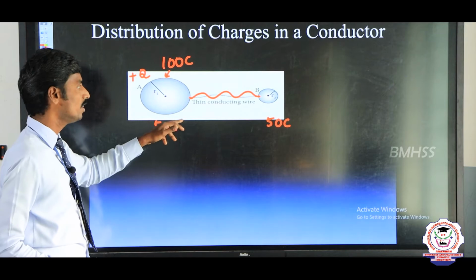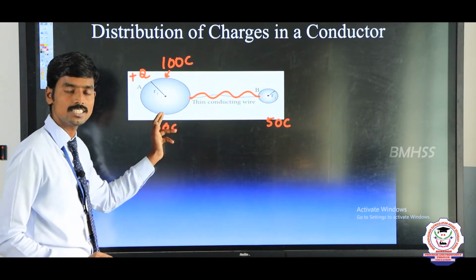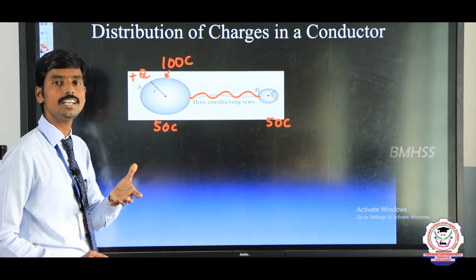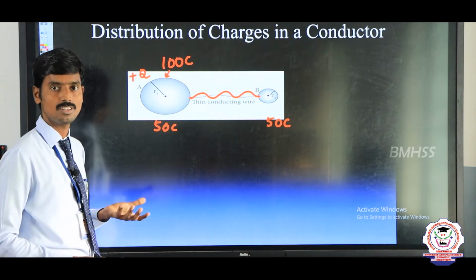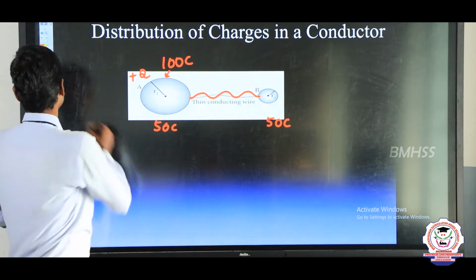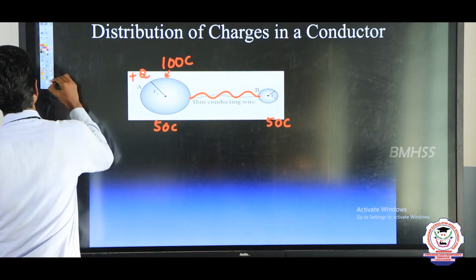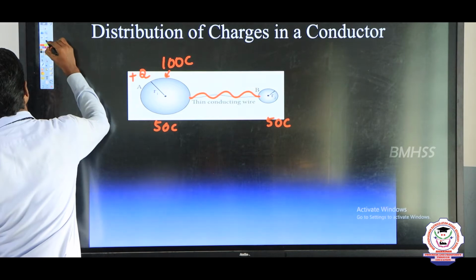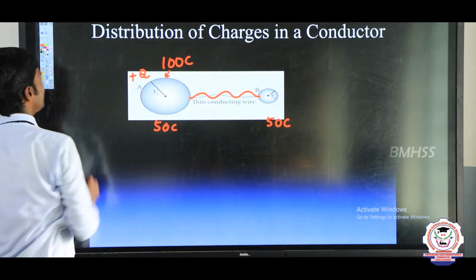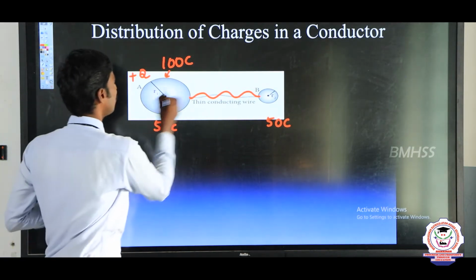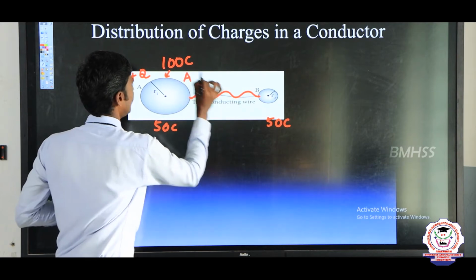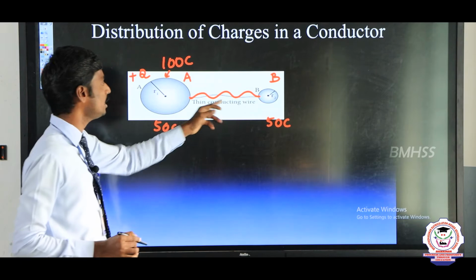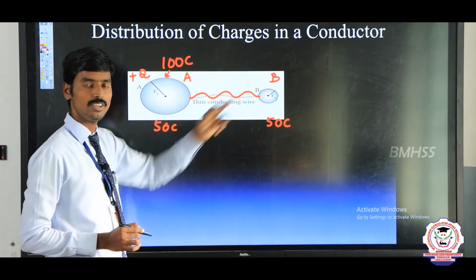So now these two conducting spheres are equipotential surfaces, that is, the electrostatic potential is the same. Okay, this is a very important topic. The first sphere A and the next sphere B are connected with the thin conducting wire.